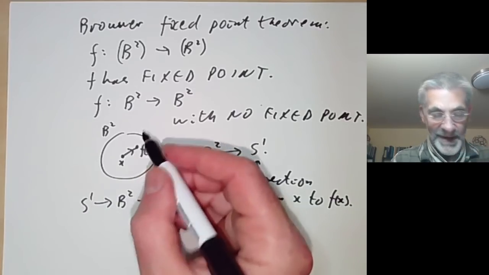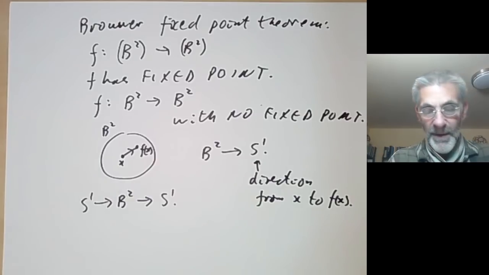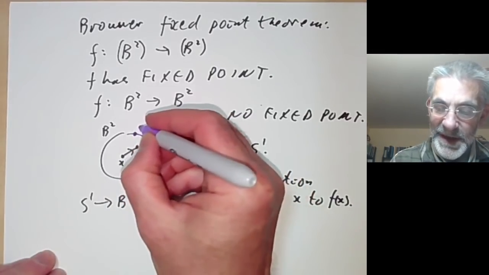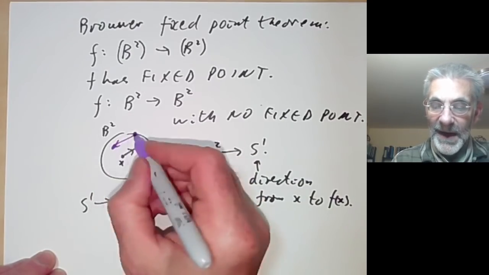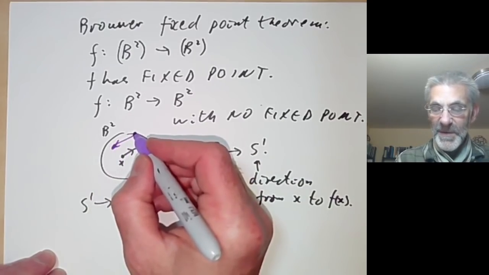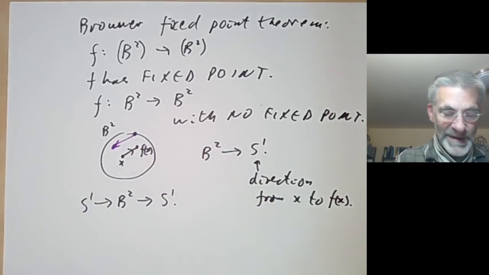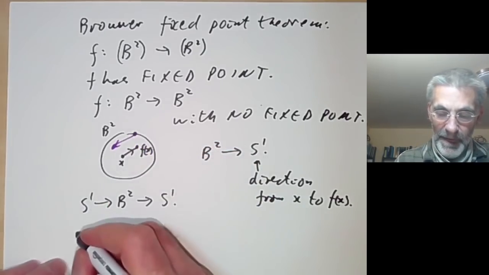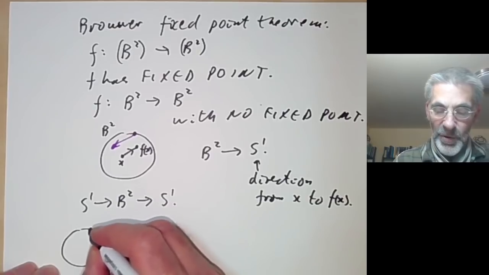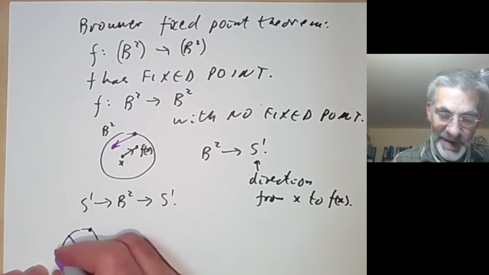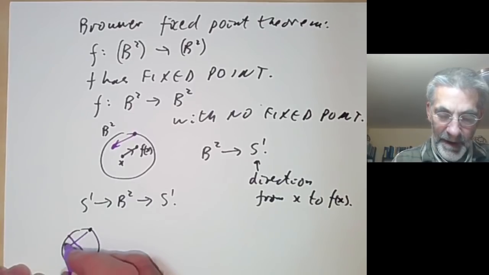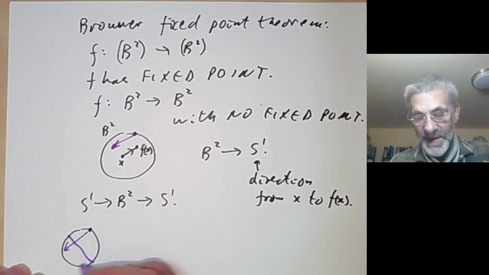However, it's not the identity here because if I take a point here and I map it to some other point, then this direction isn't the same as the corresponding point of S1. In fact, if I've got any point of S1, then this map must map it to something in the opposite semicircle.